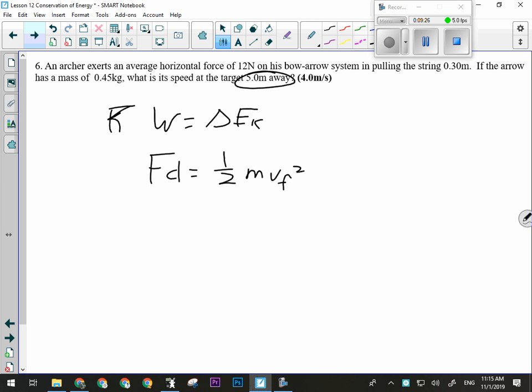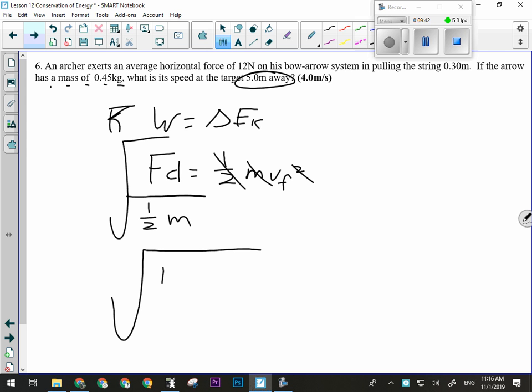I have the force, 12 newtons. I have the distance, 0.3 meters. And I know that the mass of the arrow is 0.45 kilograms. That'll get me VF. So when I plug in my numbers, 12 newtons times 0.3 meters, divided by 1/2 times 0.45, which is an incredibly heavy arrow.